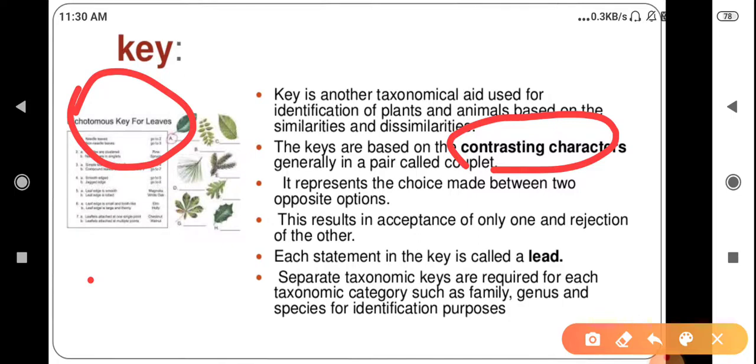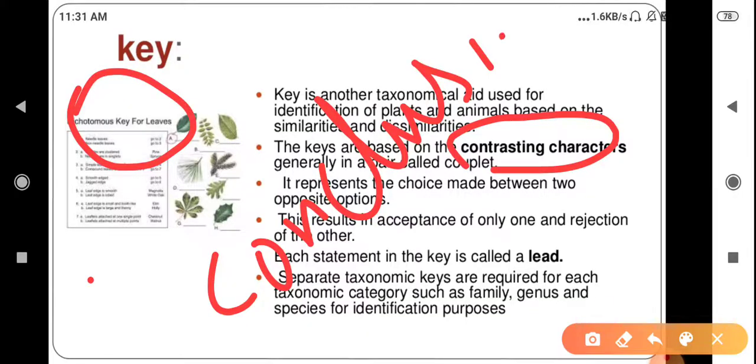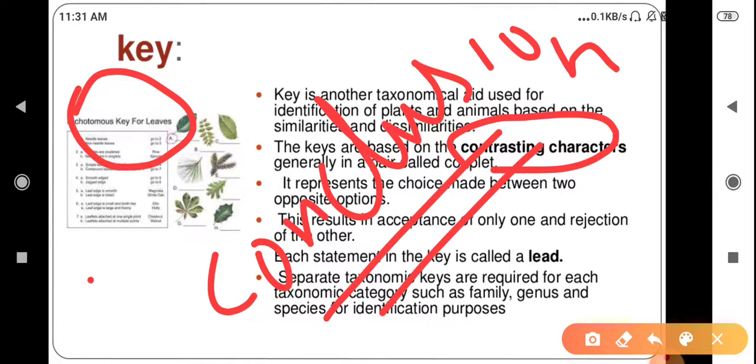Now you will take another character. The plant in which it is present has a particular phyllotaxy, that is, it is pinnate or palmate. Now you will choose out of these that this is pinnate. Now you will go on to the next couplet. By this you accept one and reject one, each statement is a lead, and finally you will reach a conclusion where you will be able to identify the organism.